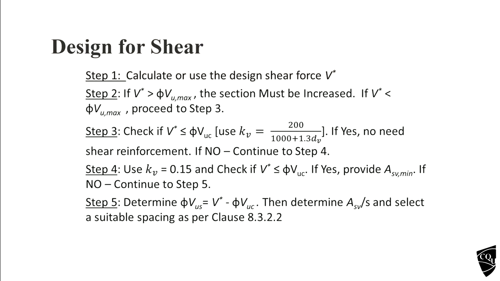So when you do the design, the first thing is we need to calculate the V star. That normally comes from the shear force diagram. So you can use a span case or section 6.10 to find out the V star, that is the maximum shear force. Then we need to check the dimensions of the beam are adequate.